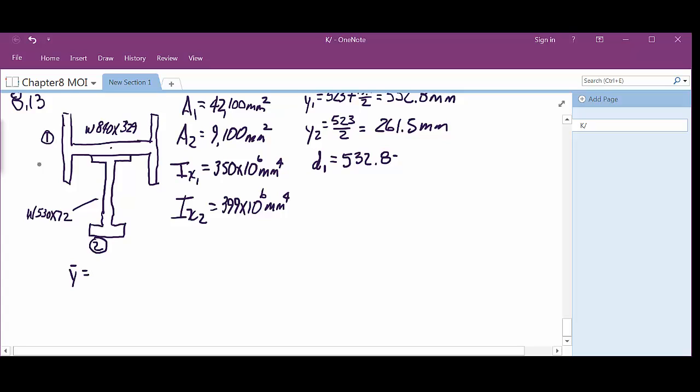The area of 1, which is 42,100, times y1, 532.8, plus the area of 2, 9,100, times y2, which was 261.5, divided by the 42,100 plus 9,100.